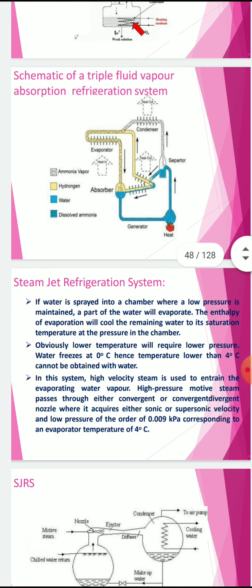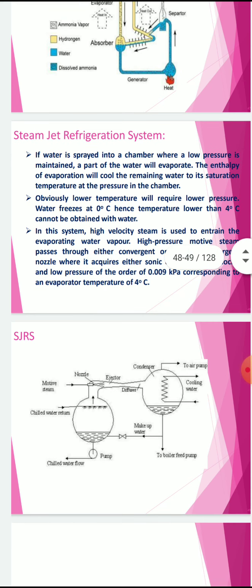And one more system is the steam jet refrigeration system. Here again the basic principle is the same: the vapor pressure of the solvent is less than that of the solution.